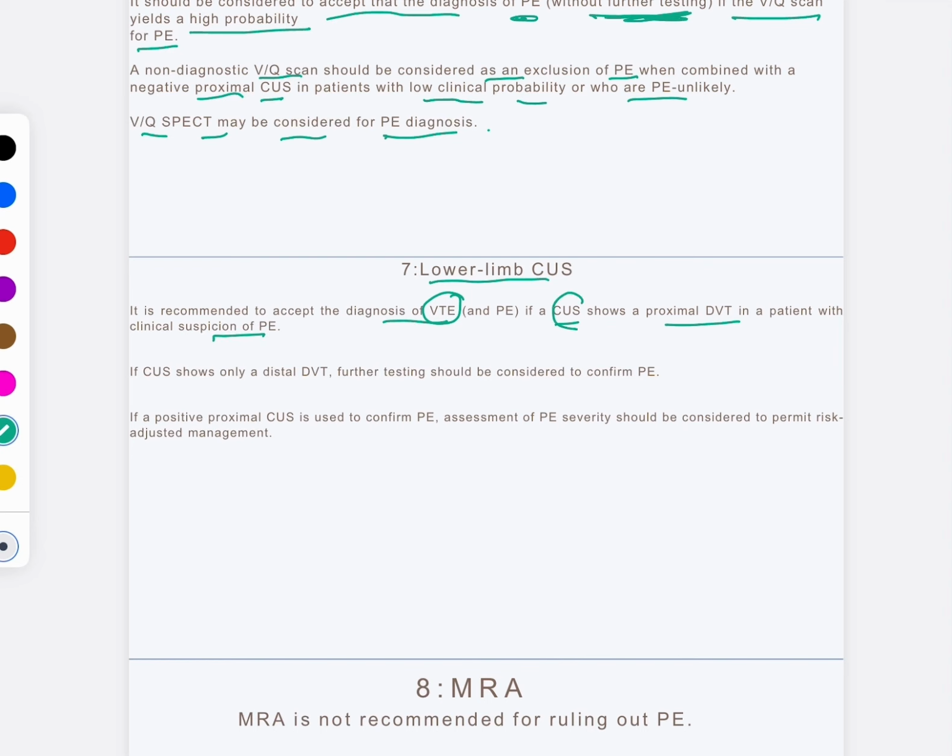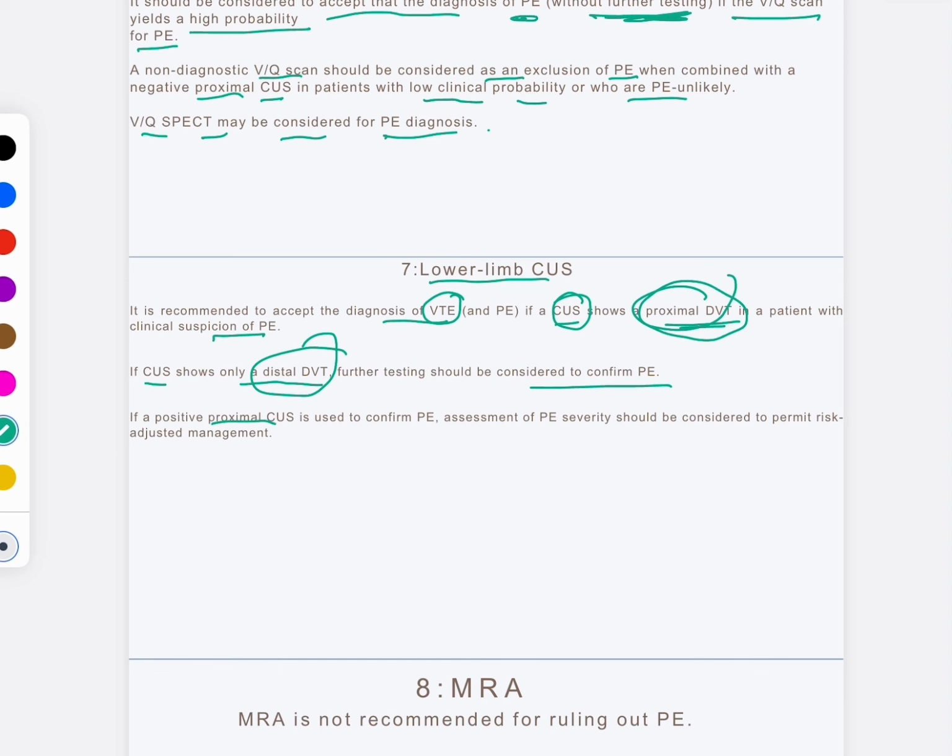If leg Doppler compression ultrasound shows a proximal DVT, you can accept the diagnosis of venous thromboembolism and suspect PE. If compression ultrasound shows only a distal DVT, then further testing should be considered to confirm pulmonary embolism.